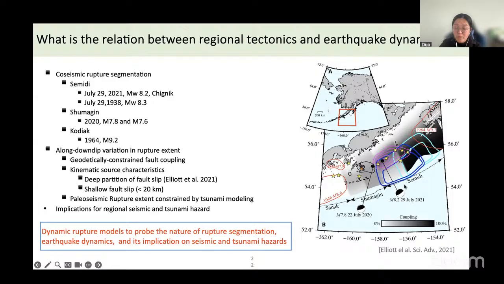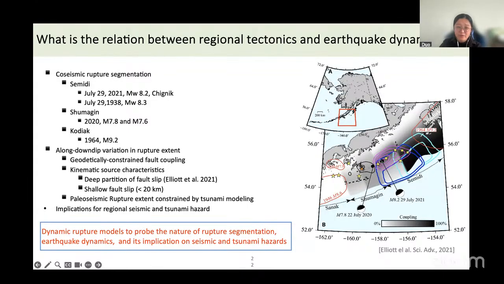From west to east, they have all ruptured in history, except for the so-called Semidi and the Shumagin segments. So there is no earthquake larger than magnitude 8 that happened before.